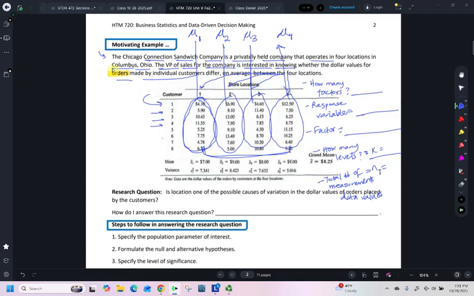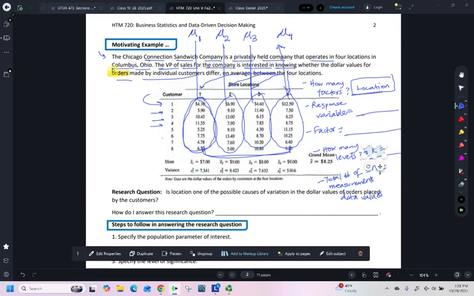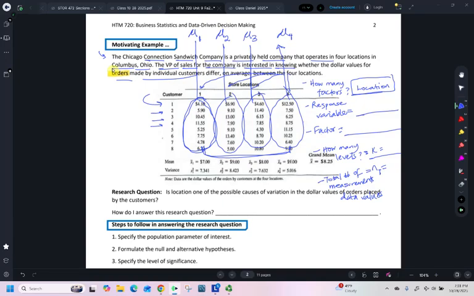First of all, we note that the main factor we're checking if it has an impact on dollar values is location. This is called a factor in analysis of variance studies. Then, what is the response variable? Well, we're interested if the dollar values depends on location. So the dollar values of orders would be the response variable in this scenario.